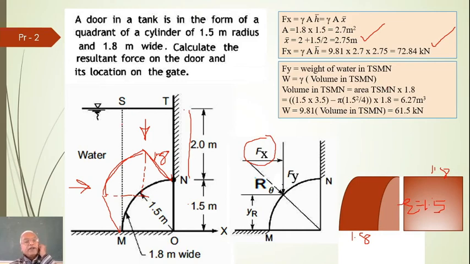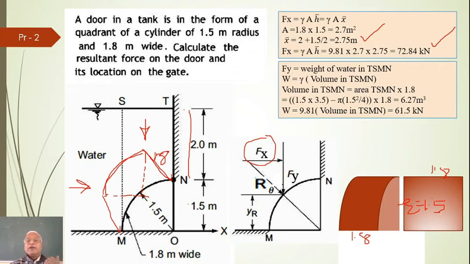How do you calculate the TSMN volume? It will be the total volume of TSMO minus the quadrant of a circle. The volume in TSMN is equal to the area of TSMN multiplied by 1.8.